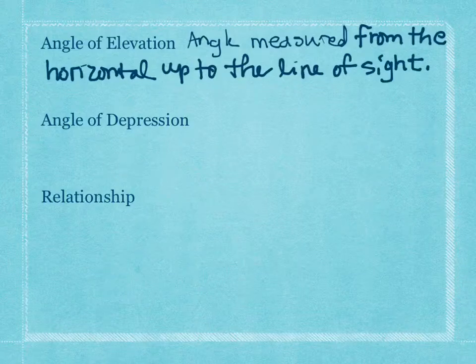And I am going to draw a picture of what that looks like, but before I draw the picture, I'm going to talk about the angle of depression, and I'm going to show you the relationship between the two.